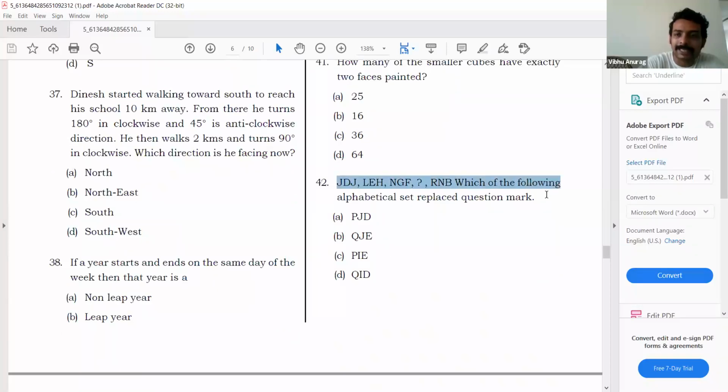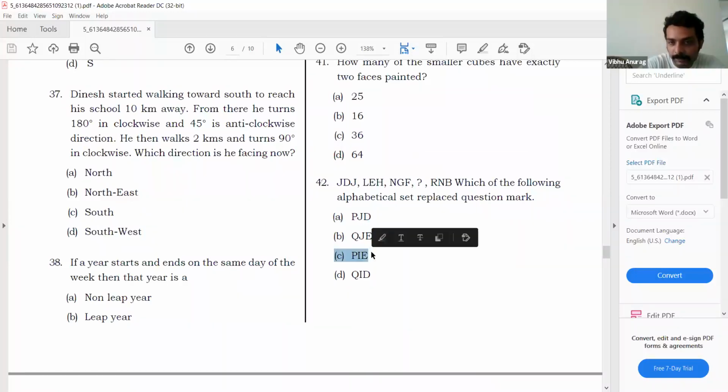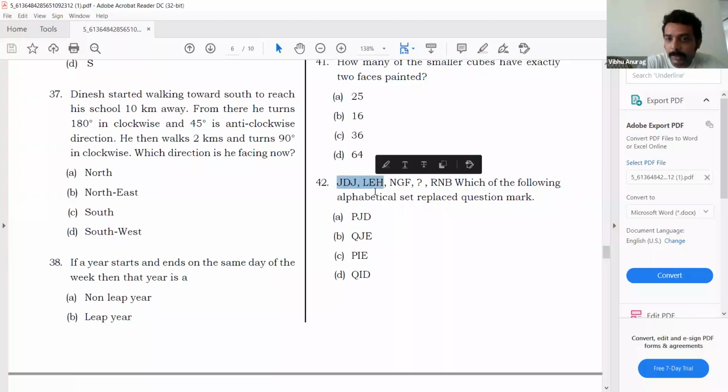42, you have again the letter coding. After J you have L, then N, then something, then R. So after J we skip K to get L, then we skip M to get N, then we skip O to get P, and then we skip Q to get R. So the first letter should be P, so it's either A or C. And then the second one, D, E, G. Between D and E we don't skip anything.